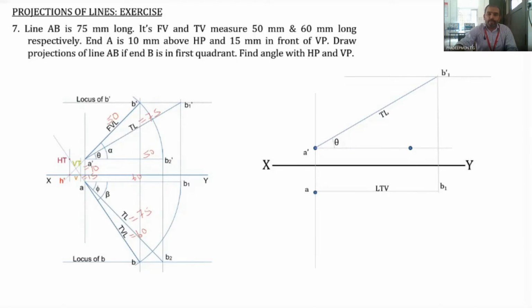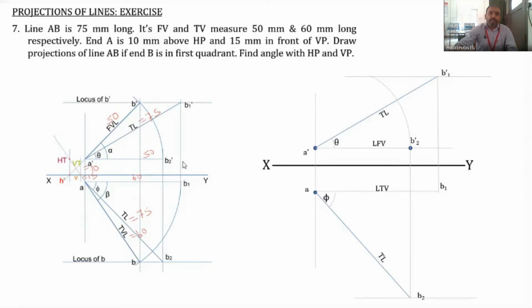So B2 dash is obtained here, and from B2 dash we drop a vertical line. A dash B2 dash is the length of the front view, and B2 is obtained by drawing the arc. So AB2 is the true length, 75 millimeter, and the angle of this particular line with AB1 will be phi, the true inclination with the VP.